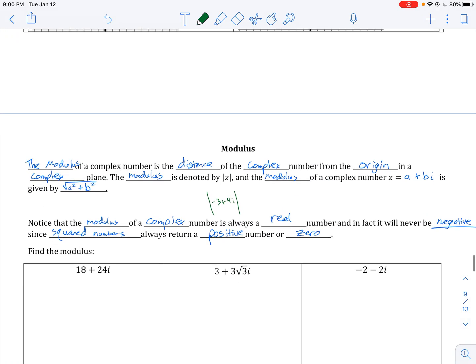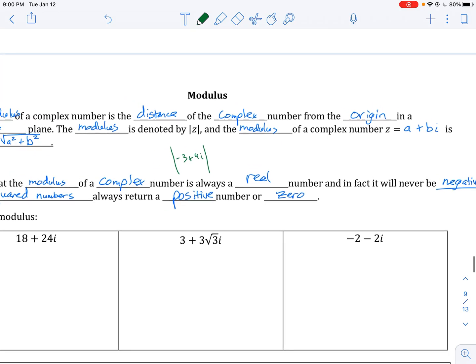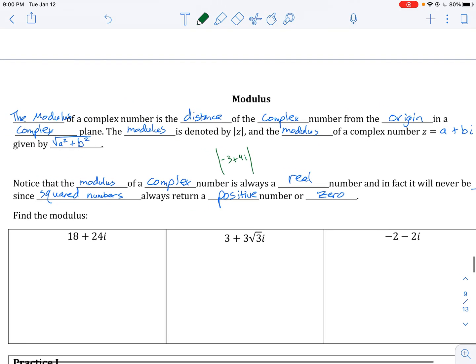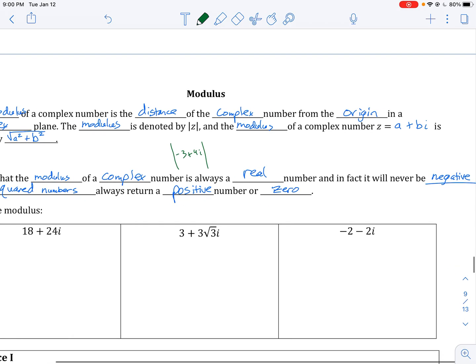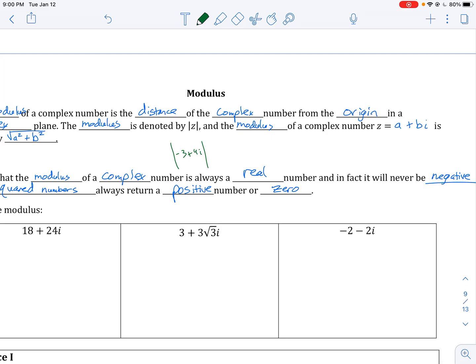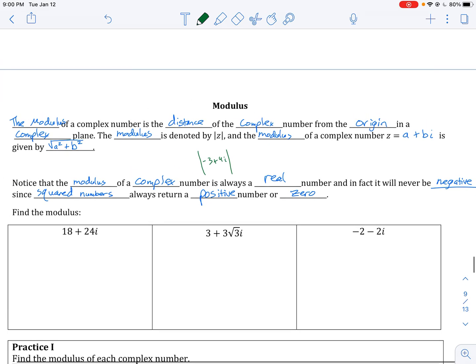Something else you'll want to notice is that you always end up with a real number when you do that. That's because you're going to square two numbers, and that's always going to end up being positive or 0. So you're never going to have a negative modulus.